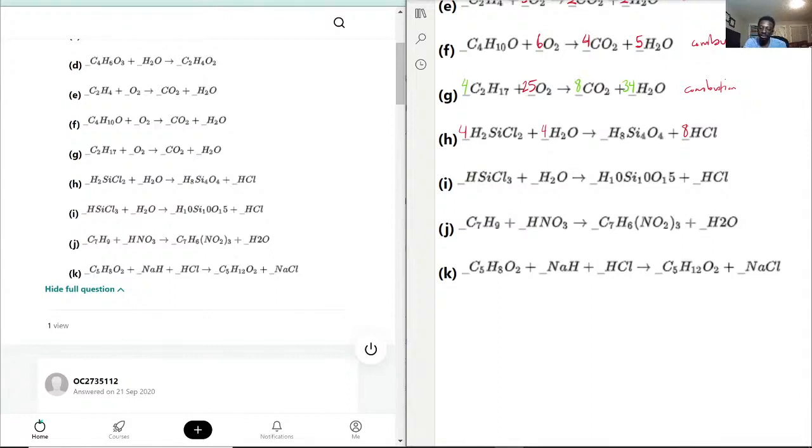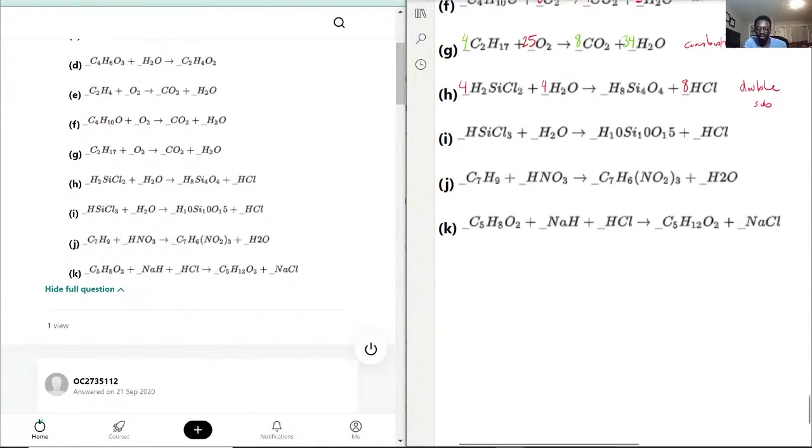So let's see actually if all the hydrogens balance out. 8 plus 8, that's 16 hydrogens in total, and 4 times 2 is 8, 4 times 2 is 8, so this checks out actually. And this is what we'd consider H2O to HCl. I guess this may be a double substitution, although it's not as clear because a lot of things changed.